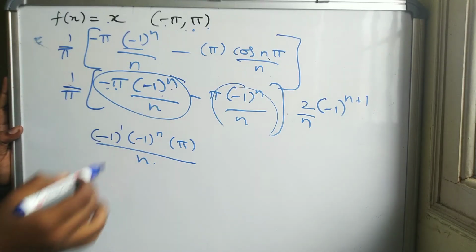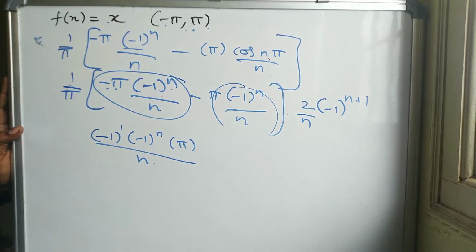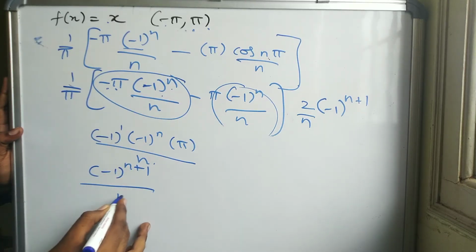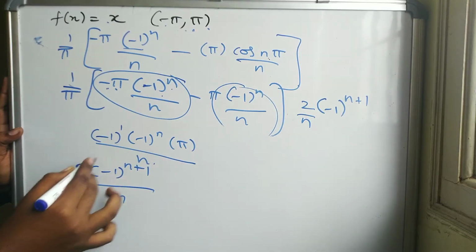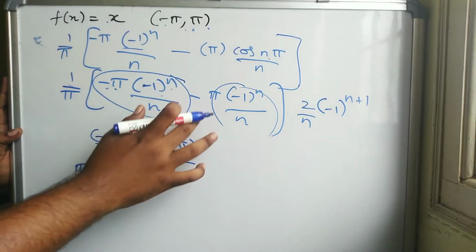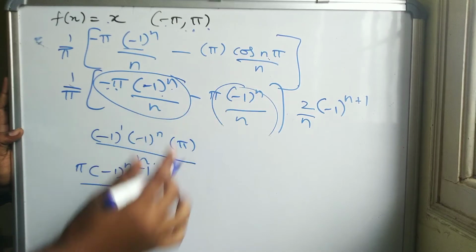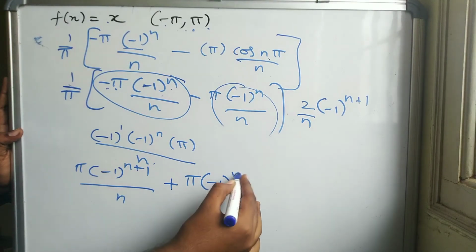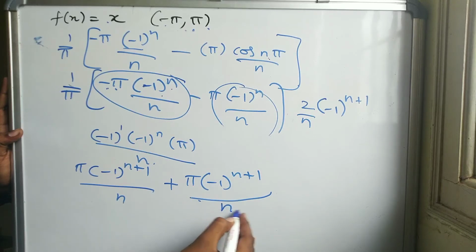Minus 1 raised to nothing means 1. So this becomes minus 1 raised to n plus 1 by n into this pi. Same for this thing, so you can write again, plus pi into minus 1 raised to n plus 1 by n.